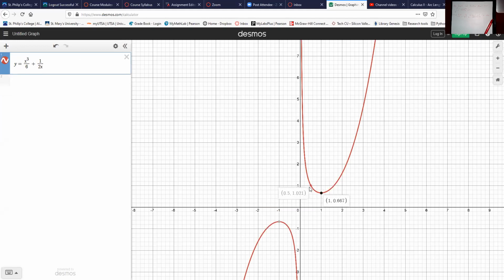So the arc length is the sum from here, 0.5, all the way to 2. You're going to take an infinite number of points between here and here, find the distance between all the infinite points, and find the sum total of arc length.